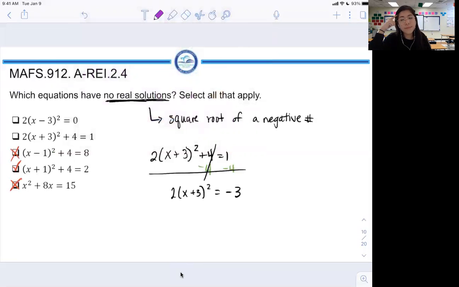Not square root, not yet. I will soon, but first I need to get rid of something else. What do I do first? Yeah, first I divide by 2.